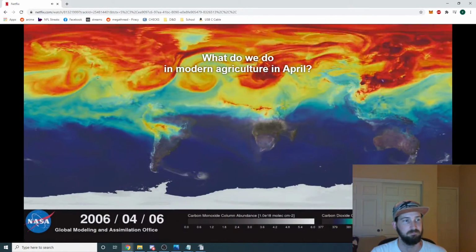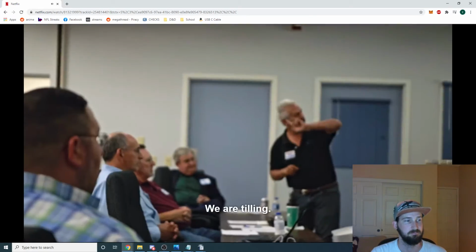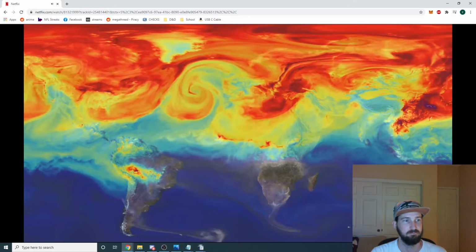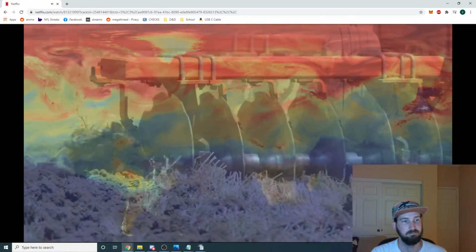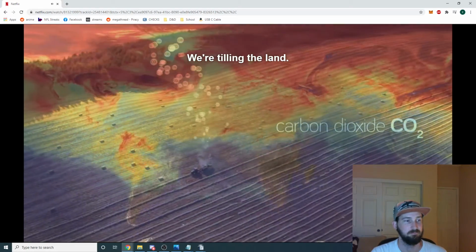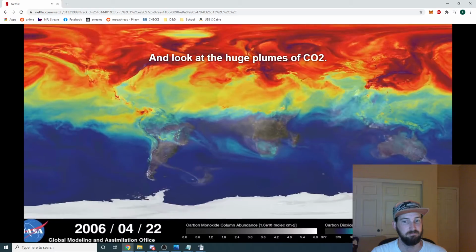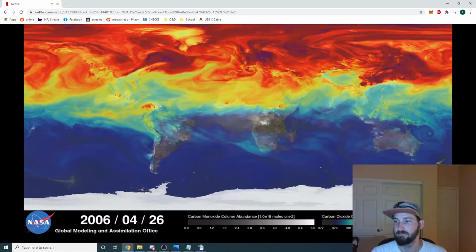What do we do in modern agriculture in April? We are tilling. We're tilling the land. And look at the huge plumes of CO2.